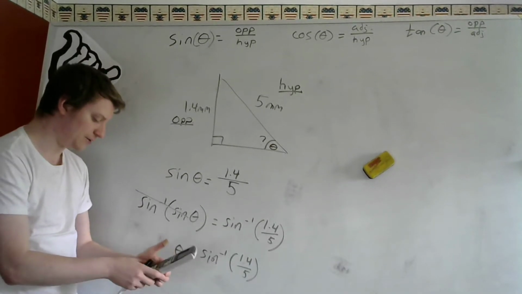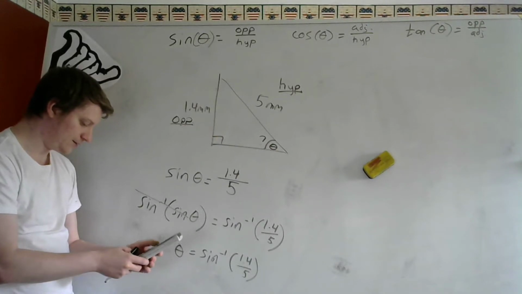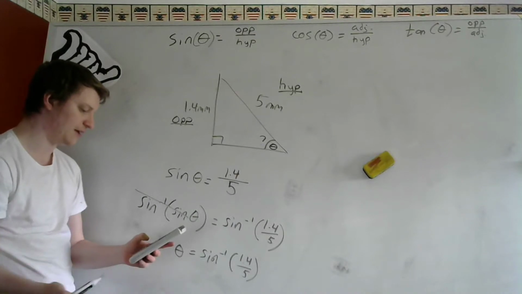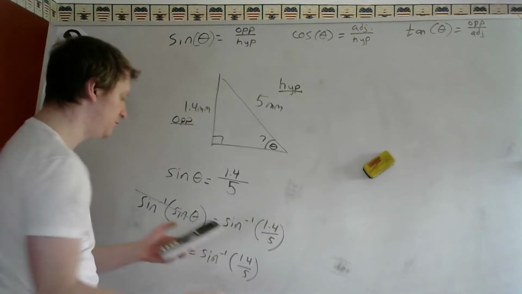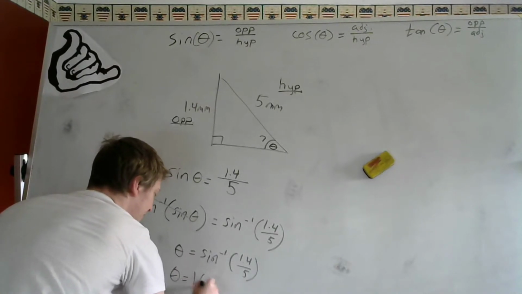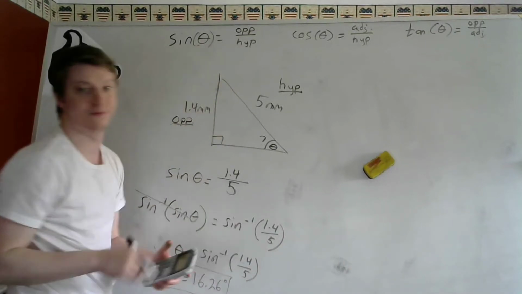So if you type this in on your calculator, we get inverse sine of 1.4 divided by 5 to be 16.26. So theta equals 16.26 degrees for number 1.